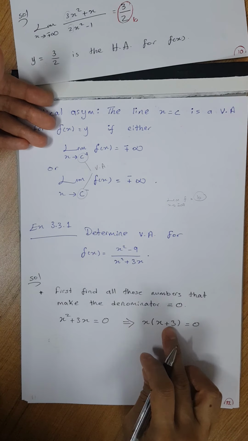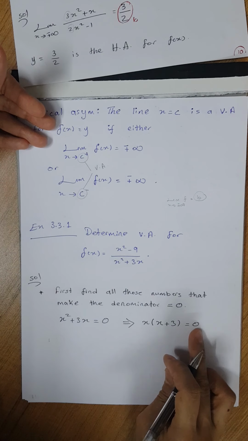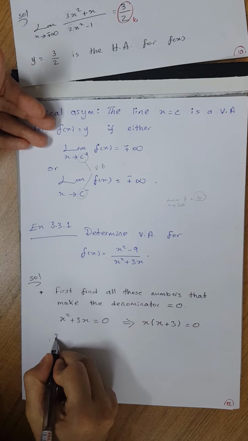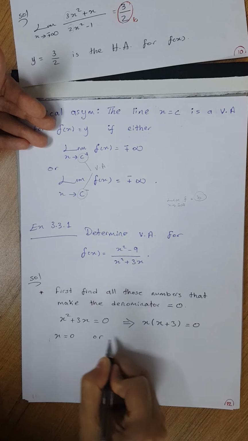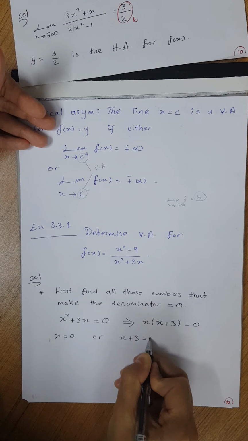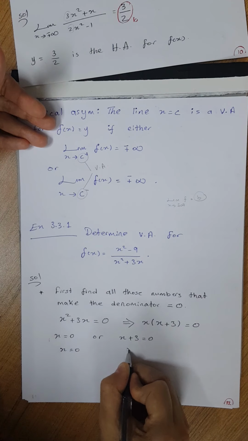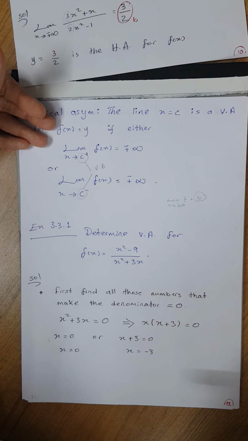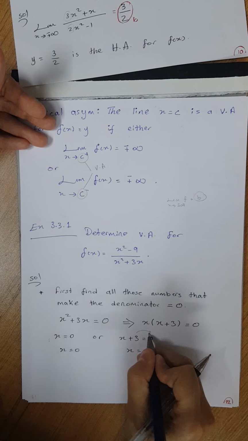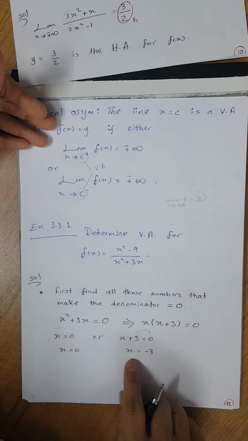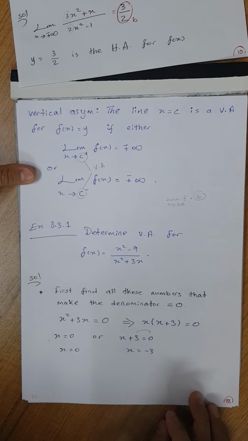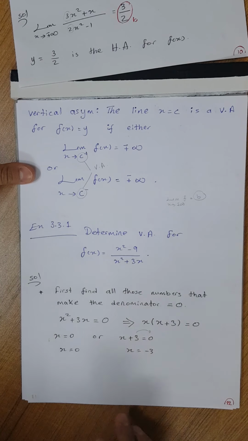I've got two things multiplied to each other, the result is equal to 0, so either that one is equal to 0, x is equal to 0, or x plus 3 is equal to 0, okay? So here x is equal to 0, or x is equal to minus 3. That's a linear equation. Simply I'm taking the 3 to the other side, so I will get x equal to minus 3 as the number that makes the denominator equal to 0.